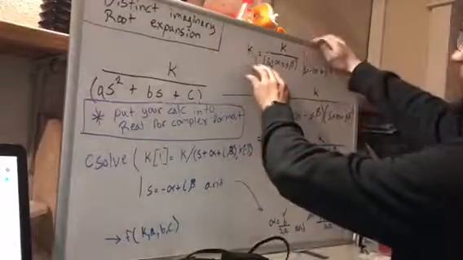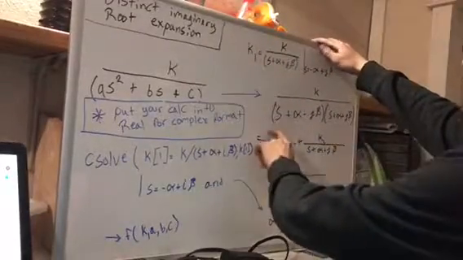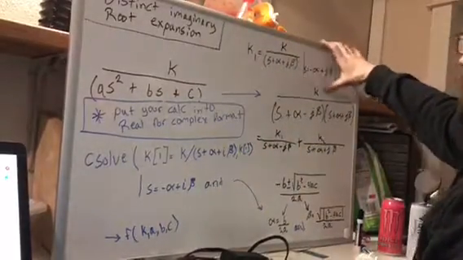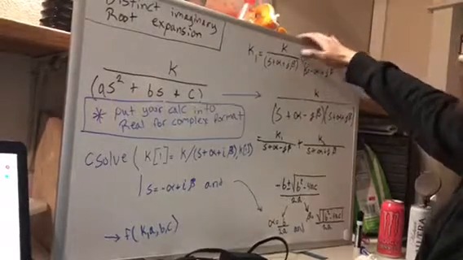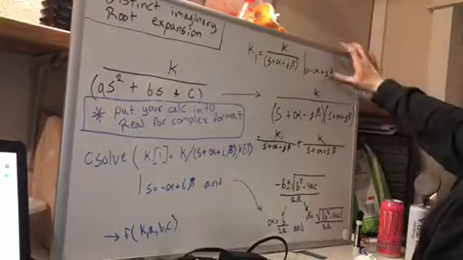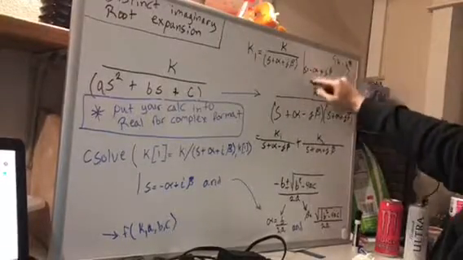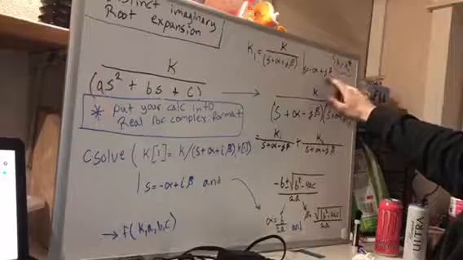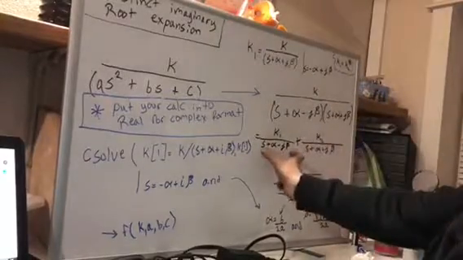And as we can see up here, we have K sub 1, the one on top, is going to be equal to K, your original equation on top, divided by S plus alpha plus j beta. And then again, we're going to evaluate that now at S equals negative alpha plus j beta, the term that made this go away.